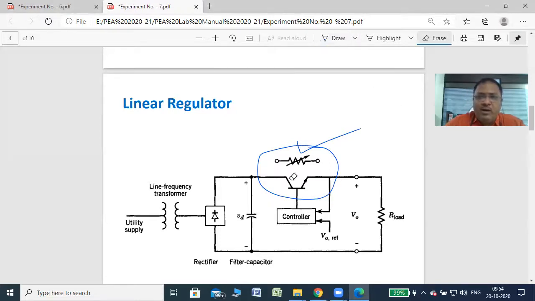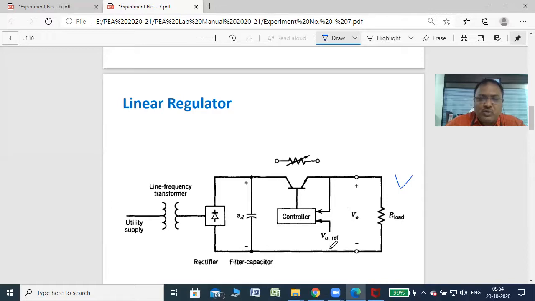Let us see what happens in this circuit. The output voltage is 5 volt, so the reference voltage is set to 5 volt. The sampling voltage is given to the controller, and this controller controls the base current of the transistor. If the voltage increases due to a change in line voltage, then IC increases, and I also increases. If I increases, the sampling voltage increases, which decreases IB.